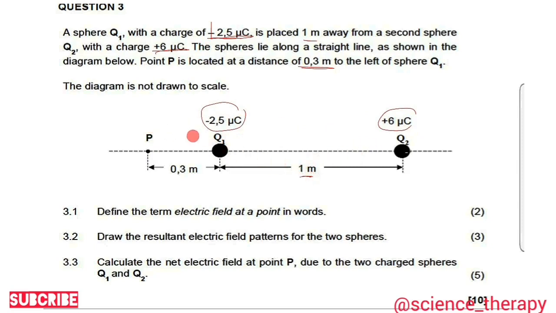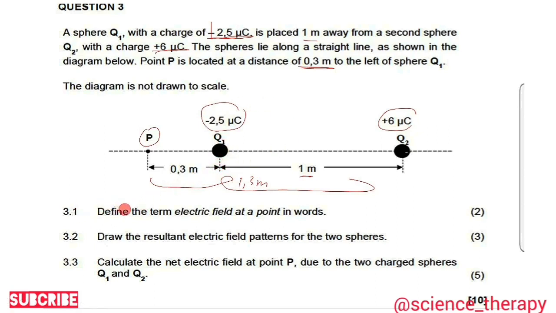The distance between Q1 and the point charge P is 0.3 meter, meaning the distance between Q2 and the point charge is 1 meter plus 0.3, which gives a total of 1.3 meter. That's the information we can extract from this diagram.